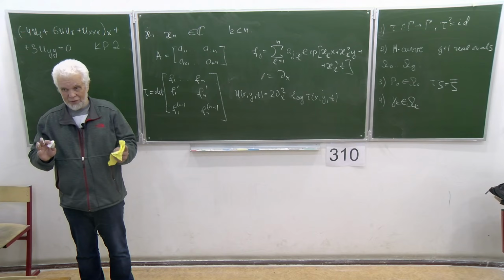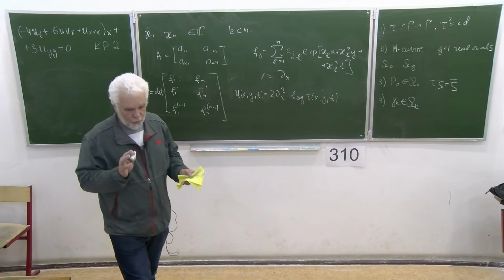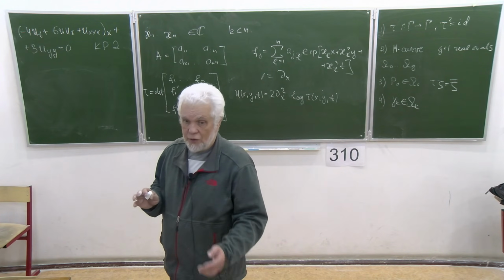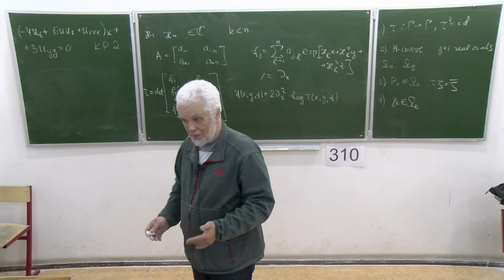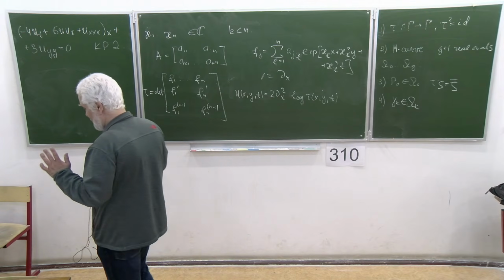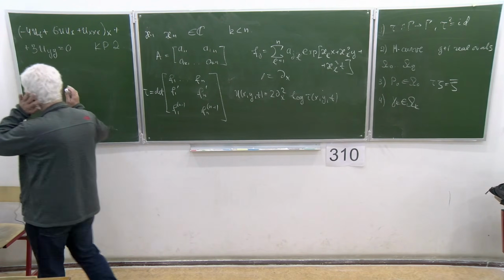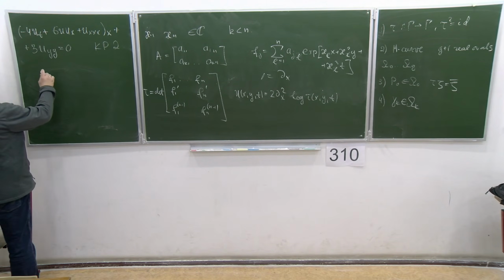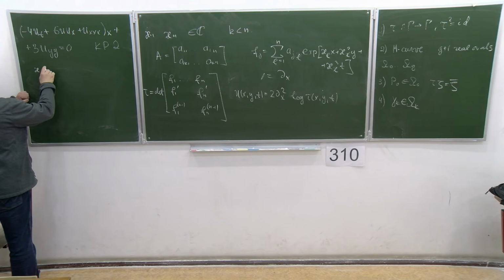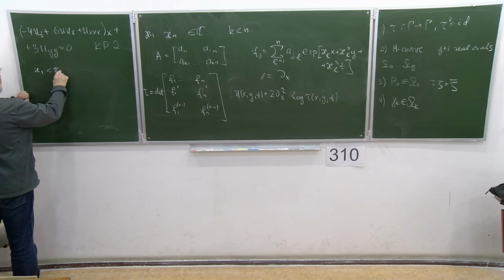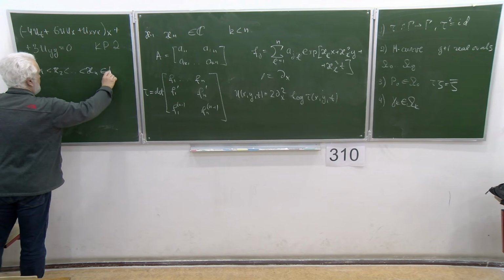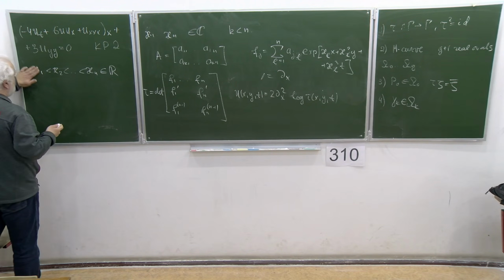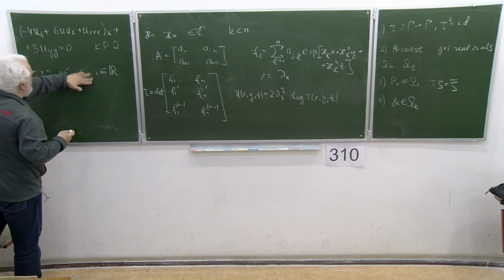To prove that these conditions are necessary requires very serious non-trivial work, but these conditions were first formulated by Malanyuk. First of all, assume that we need all kappas to be real.